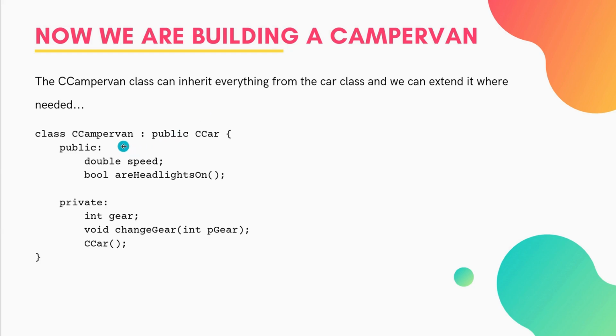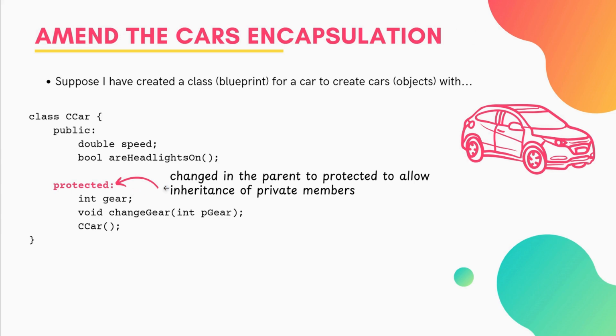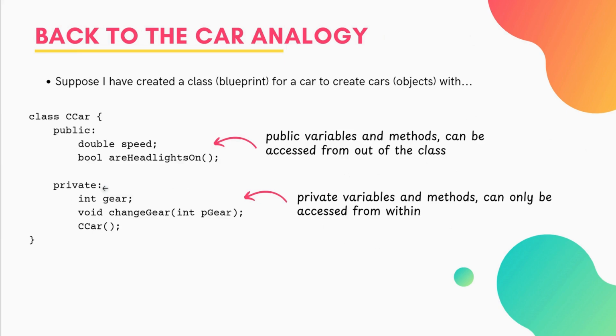Now, if you remember, in the car class, we had the private encapsulation. So if you look here, this was our car class, and this used to say private. If I go back a few slides, just so you believe me, it said private.